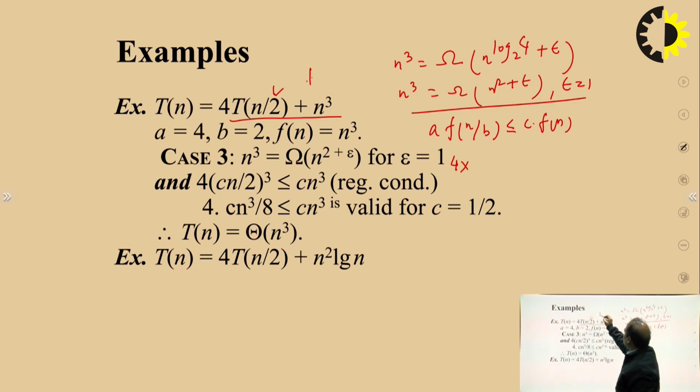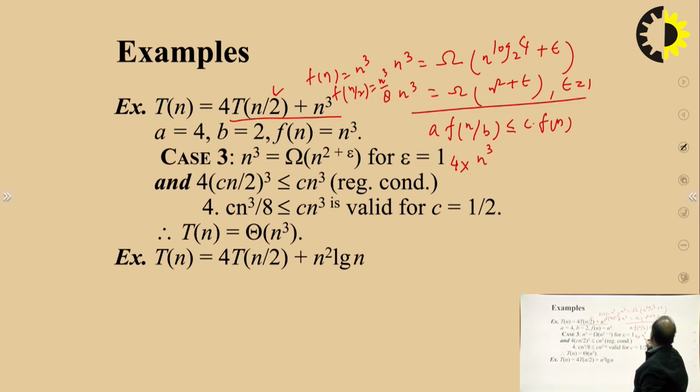So f(n/2) is n cube by 8, and 4 times that gives n cube by 2. So n cube by 2 is less than or equal to c into n cube.